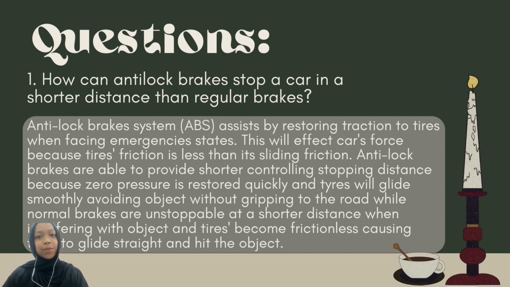Anti-lock brakes are able to provide a shorter, controlled stopping distance because pressure is released quickly and tires will not lock, while with regular brakes the tires become frictionless, causing them to glide and hit the object.